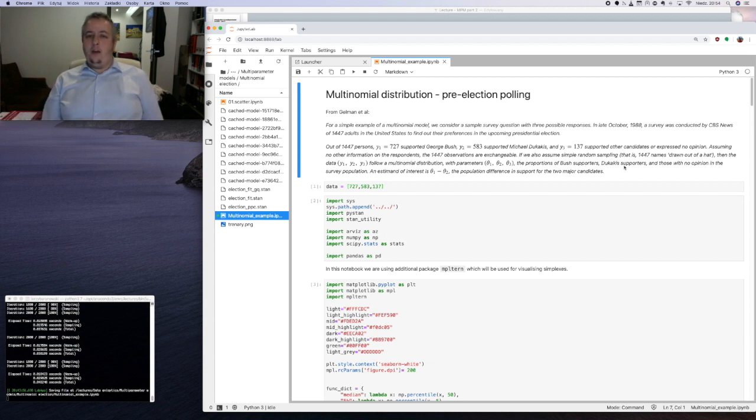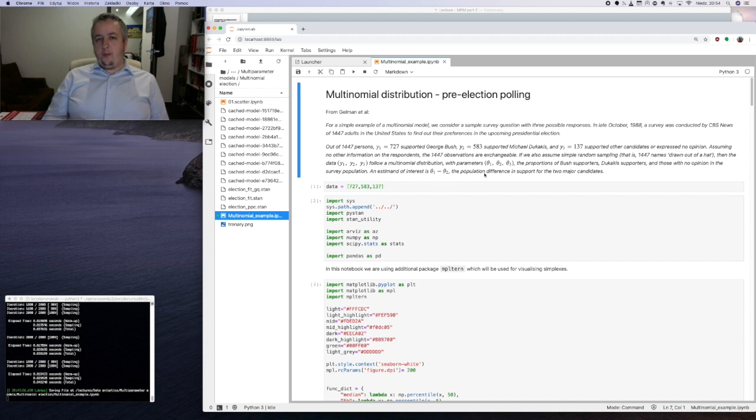And we are actually interested in the preference of the population towards George Bush, the actual winner of the election. So we will be interested in the difference between the probability of supporting Bush and the probability of supporting Dukakis. Because again, in the United States we have first past the post election, so the winner takes all.